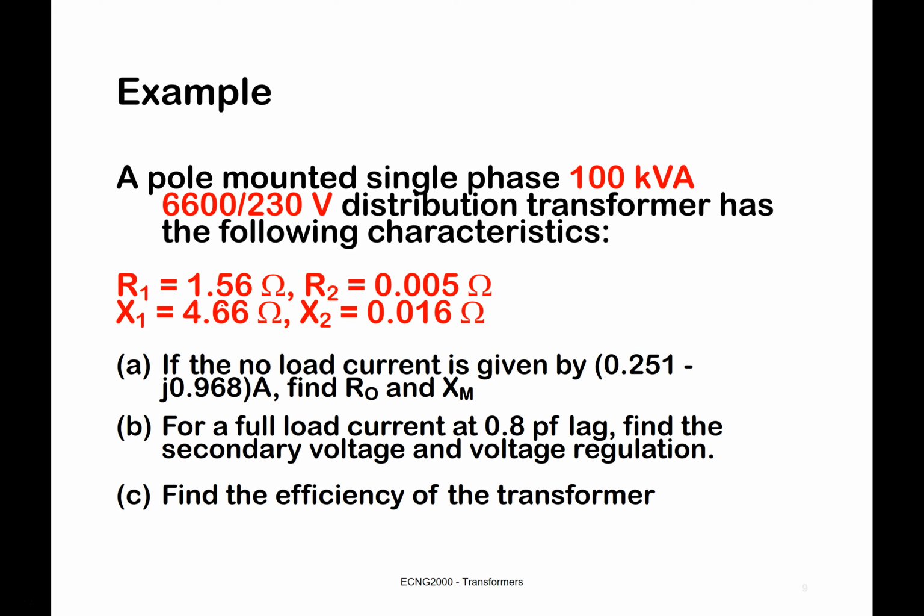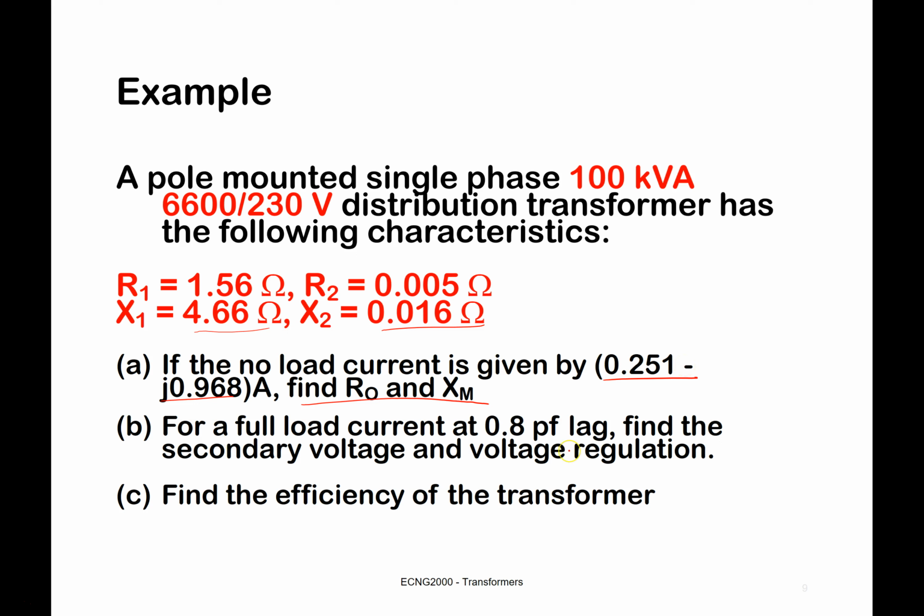And then we have a leakage reactance of 4.66 ohms on the primary and 0.016 ohms on the secondary. And the three questions you're required to answer are: find R0 and XM given the no load current of 0.251 minus j0.968.